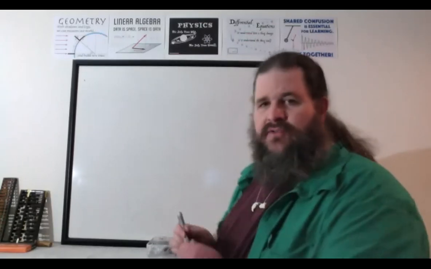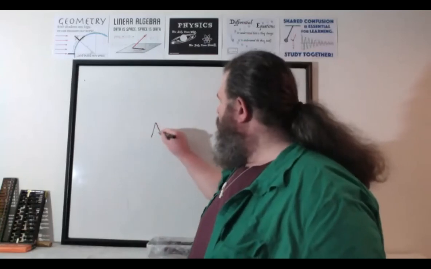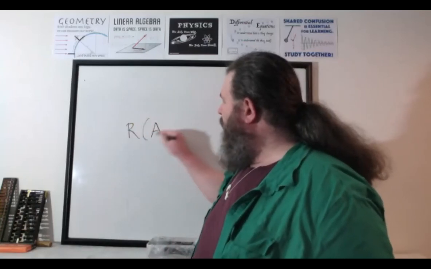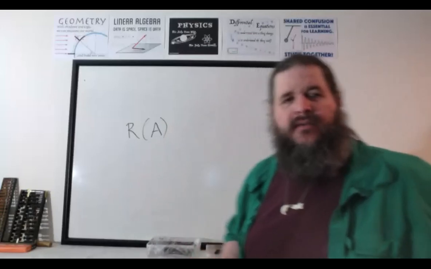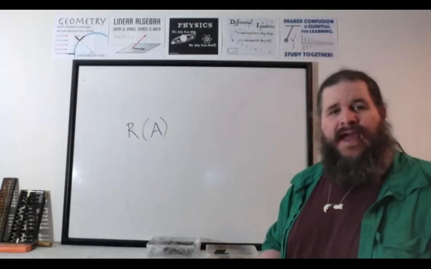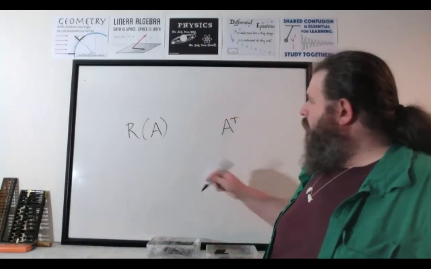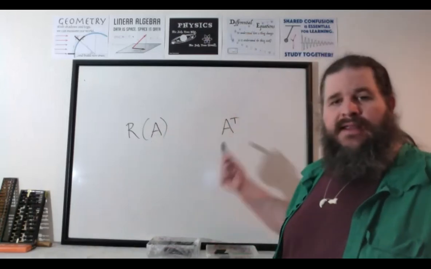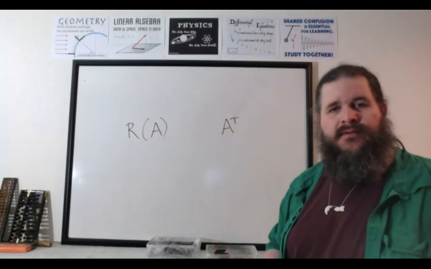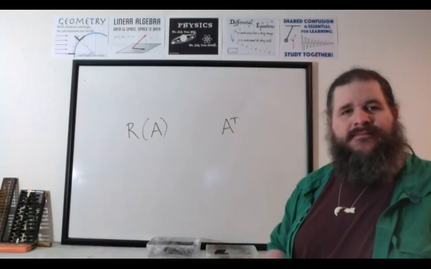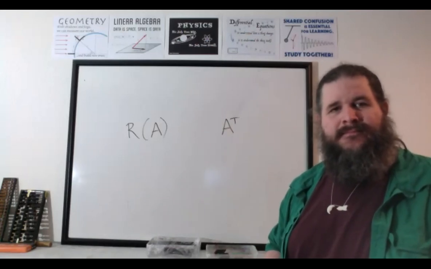So if you've got some matrix A and you're looking for the row space of A, that's just the set of all possible linear combinations of rows of A. But if you take A transpose, the rows of A become what in the A transpose? The columns?